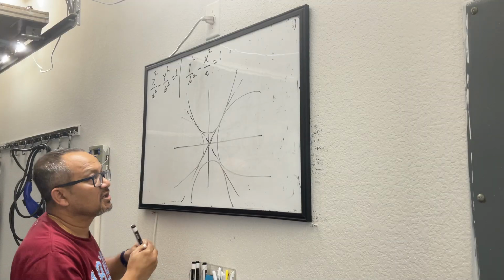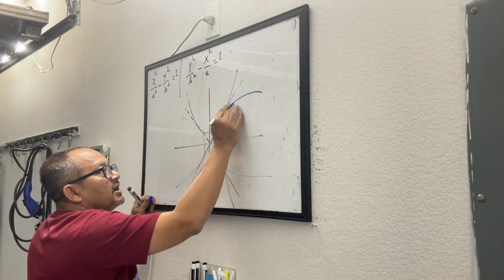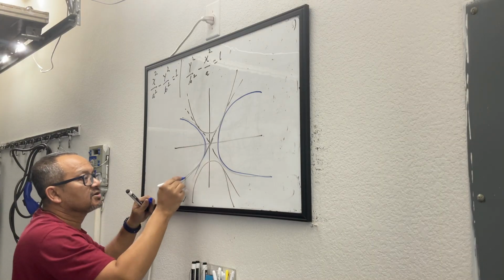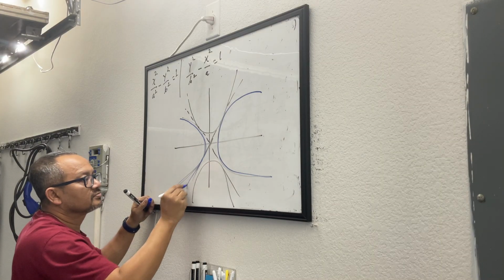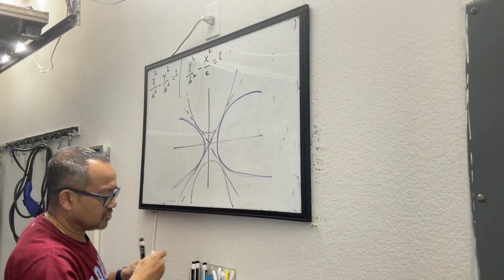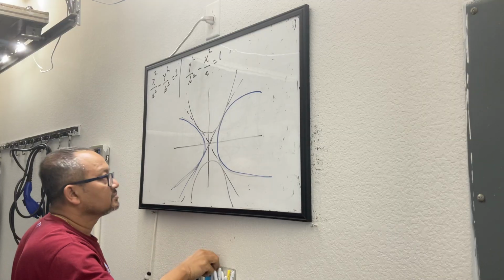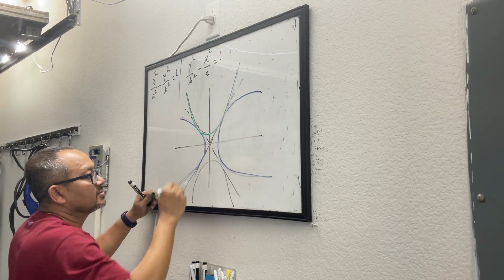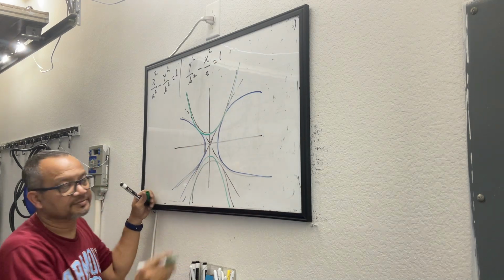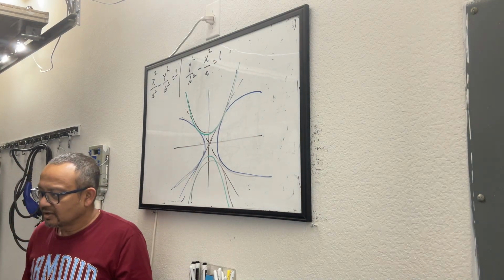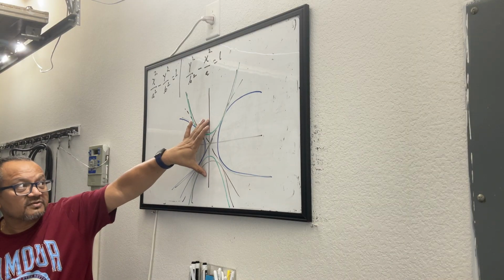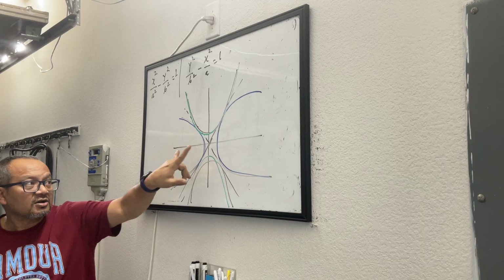Or I can talk about the blue pair, or I can talk about the green pair that you are seeing here. Okay. So it's always coming in pair, right? A hyperbola is either vertically aligned or horizontally aligned.